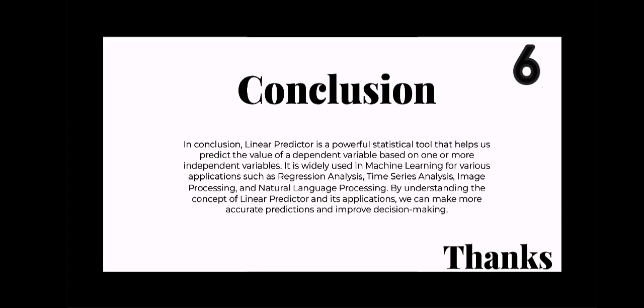By understanding the concept of linear predictor and its applications, we can make more accurate predictions and improve decision making for our daily life and professional life, and many more things, as it makes the concept easier.